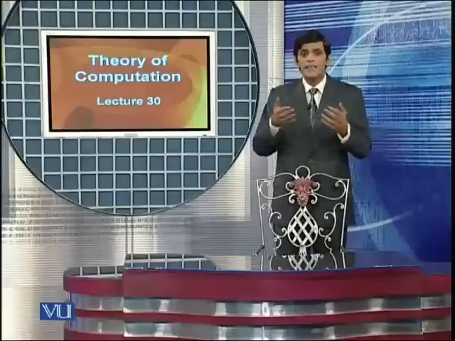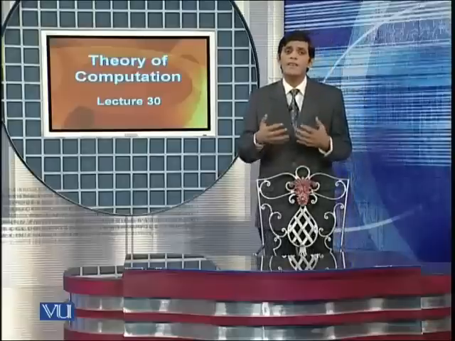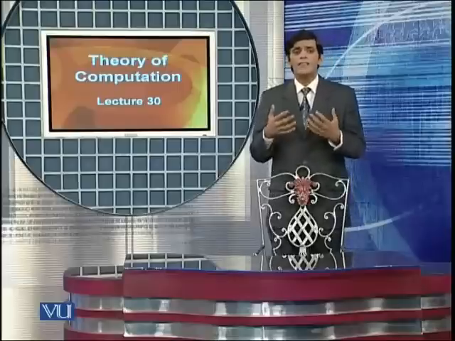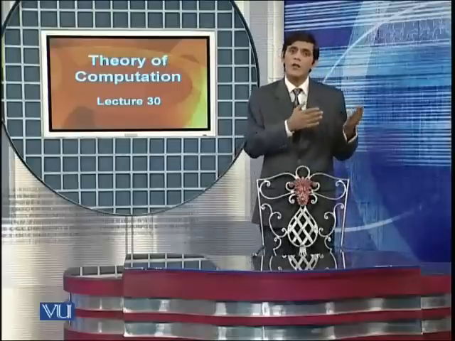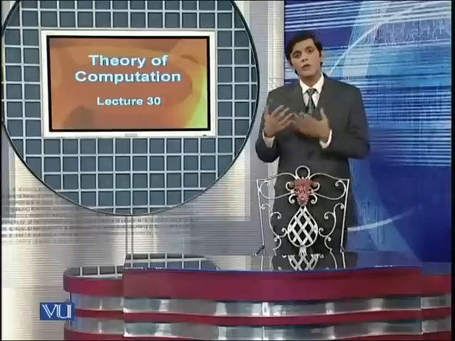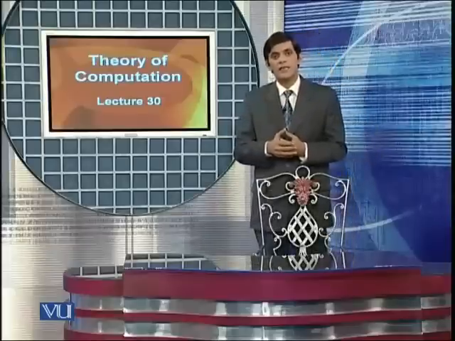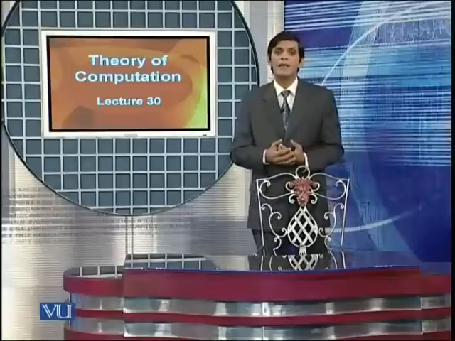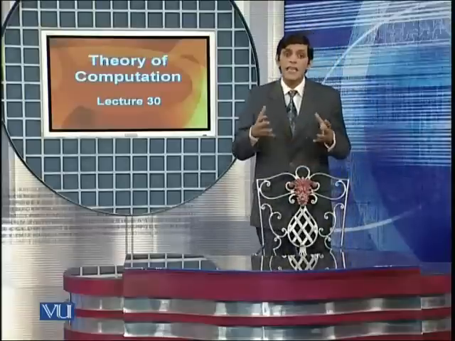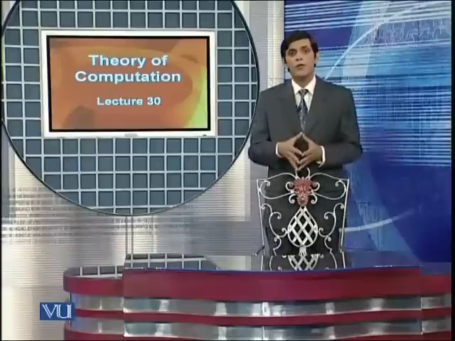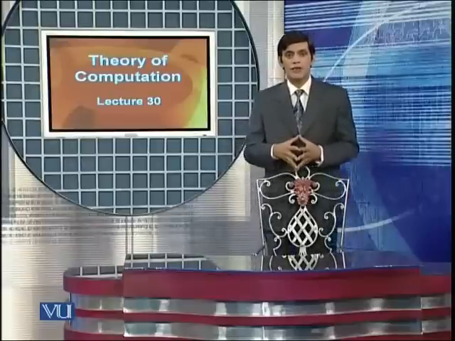This means that these 4 problems in some sense are similar to each other, are the same. If you solve any one of them in polynomial time, you would solve all of them in polynomial time. And the fact that these are NP-complete seems to say that solving these problems is equally hard from the point of view of polynomial time computations.